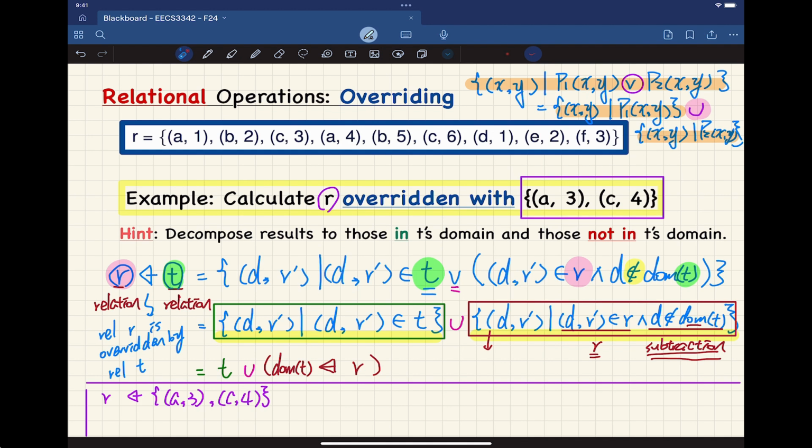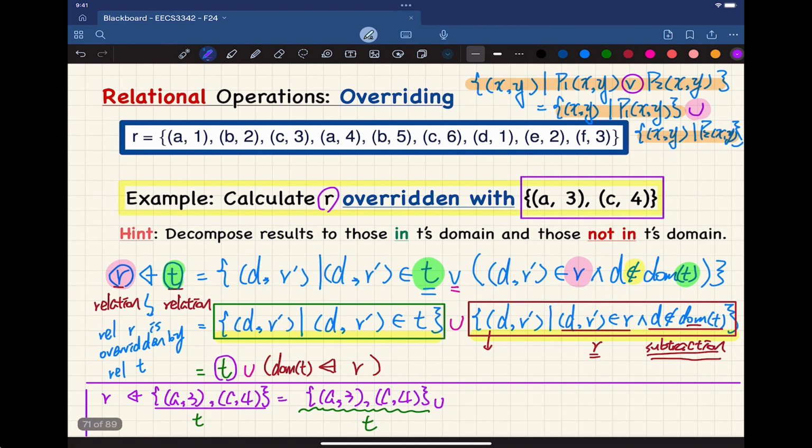By definition, it goes like this. Number 1, the T, which will be the second operand over here, A3, C4. And just to remind you, this guy over here is really the T. Union with some domain subtraction.